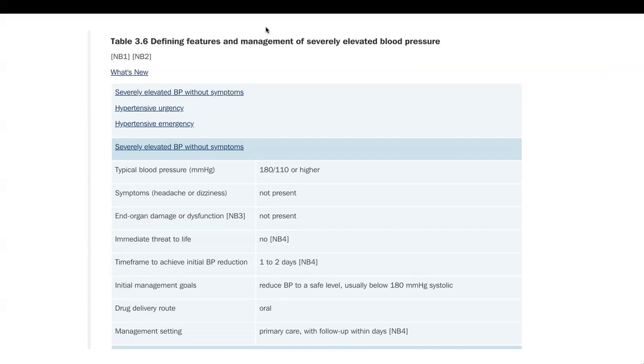So the first basic is to know how you are going to treat a normal patient who has moderate hypertension, not severely elevated. By severely elevated, I mean more than 180 over 110. That's what we call severely elevated hypertension. Do you guys understand me so far? That is, the management of hypertension.